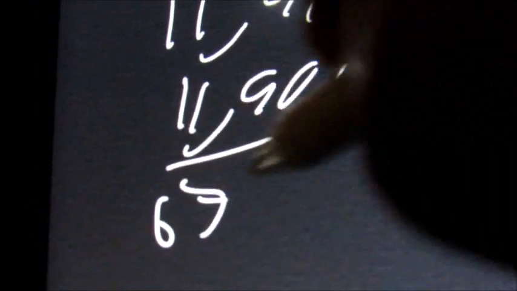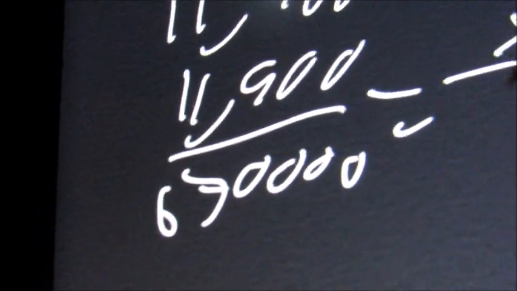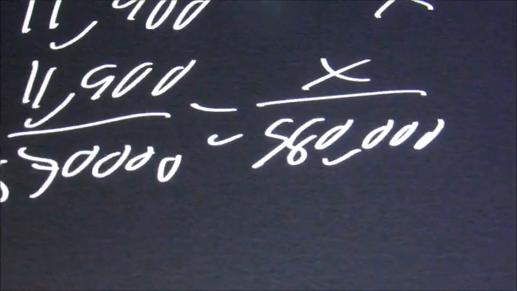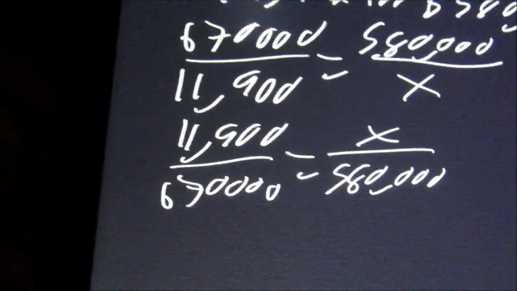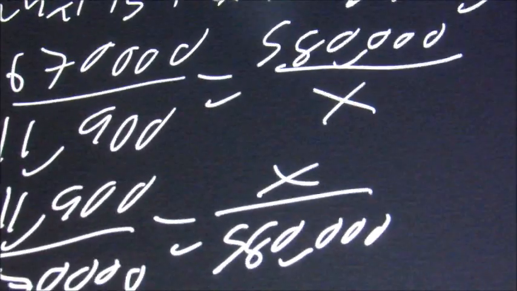We could also flip this and say 11,900 is to 670,000 as X is to 580,000, like this.